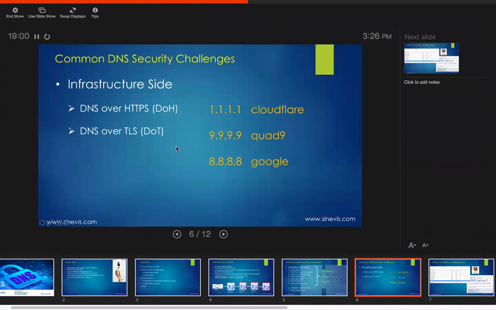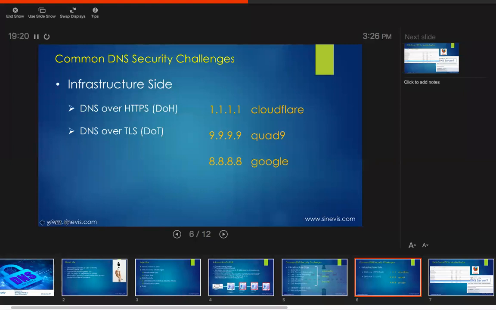This is another interesting one, very recent in the last 2-3 years. It has been spreading a lot. Recently you have seen people talking about DNS over HTTPS and DNS over TLS.